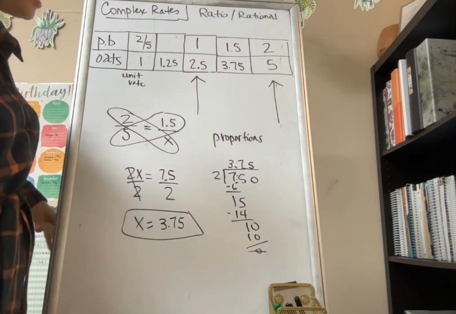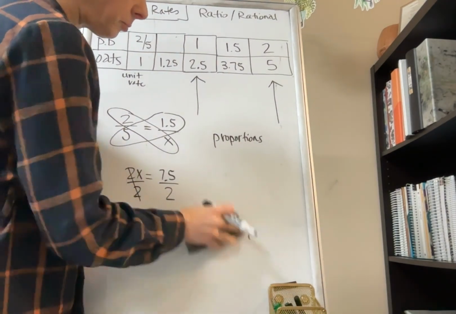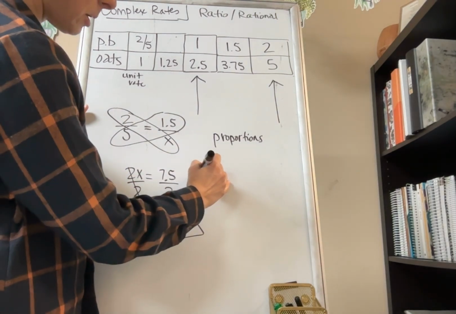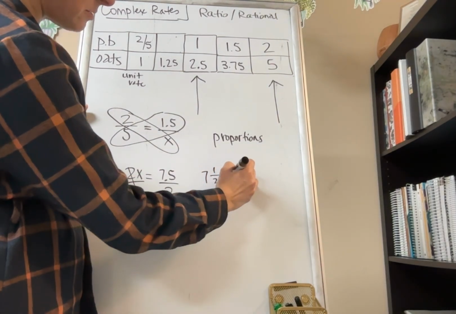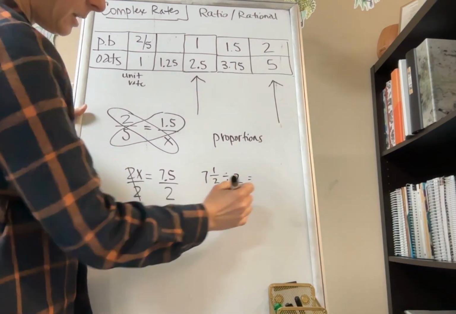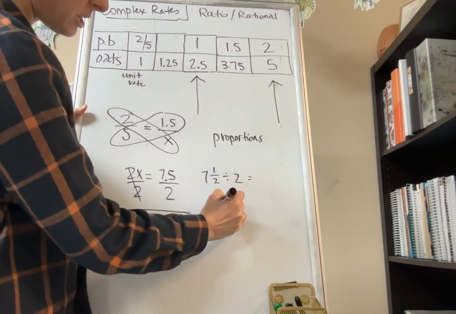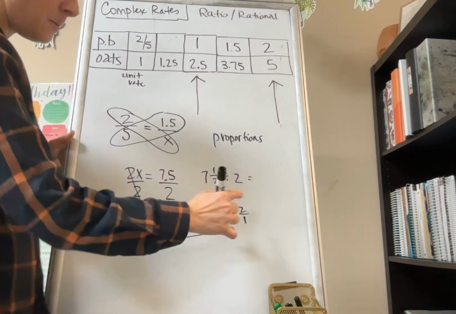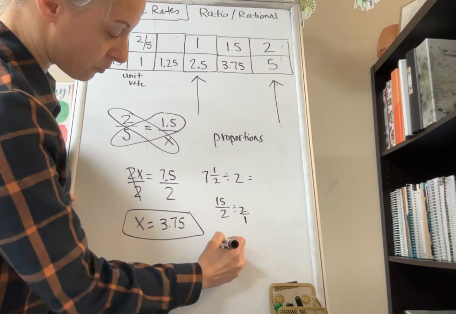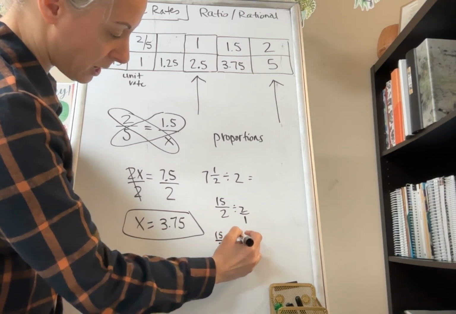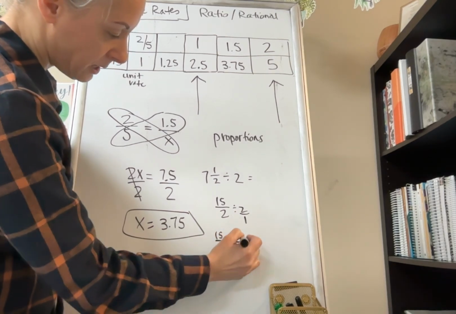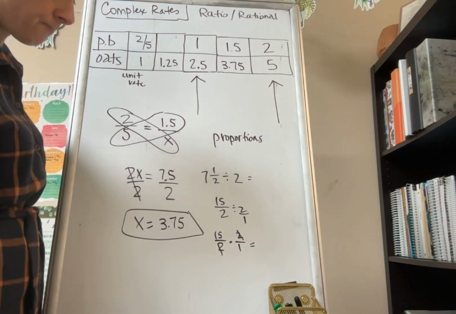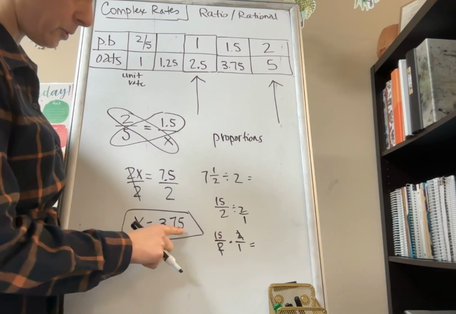Okay. Another way to work that would be to say 7.5 is like 7 and a half. So I'm going to say 7.5 divided by 2. I need to turn this into an improper fraction. 15 over 2 divided by 2 over 1. Keep, change, flip. 15 over 2 times 2 over 1. Cancel, cancel. We are not getting 3.75, are we?